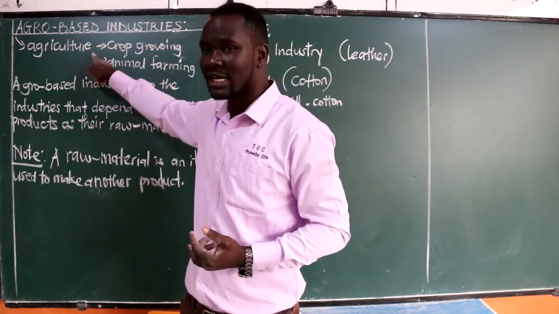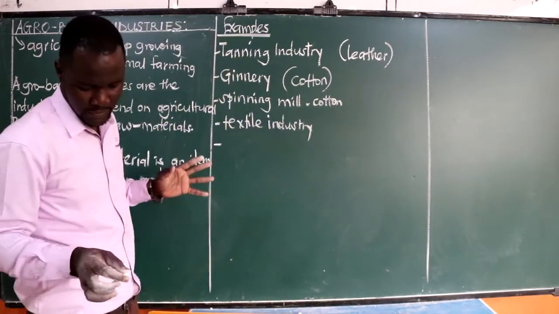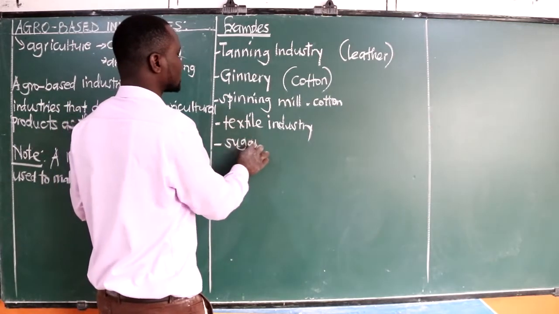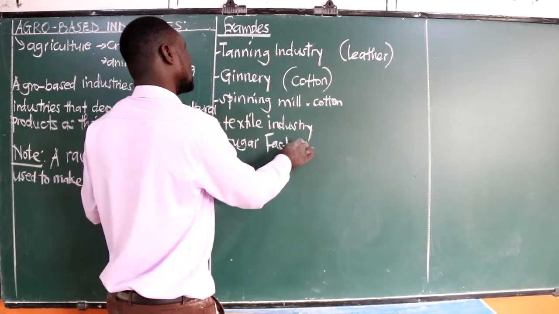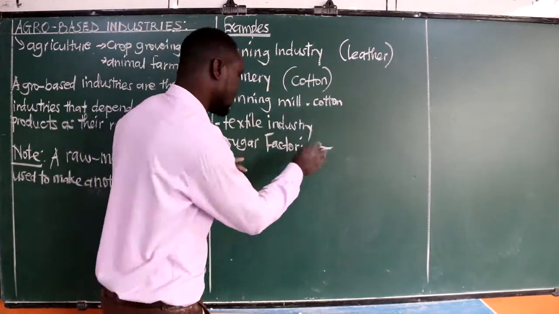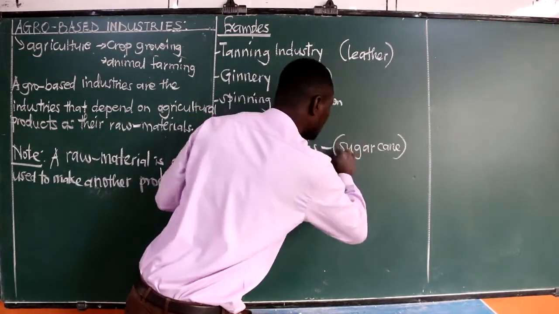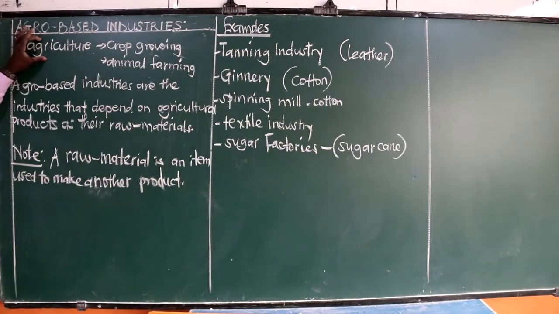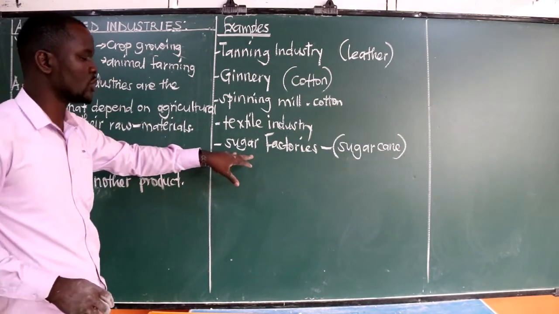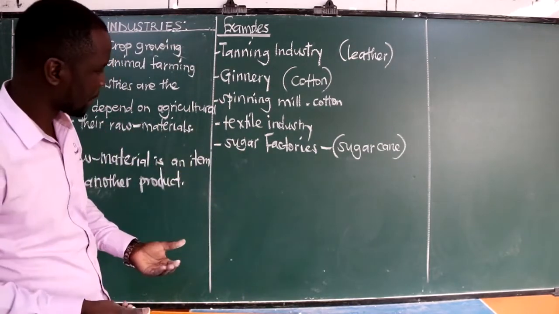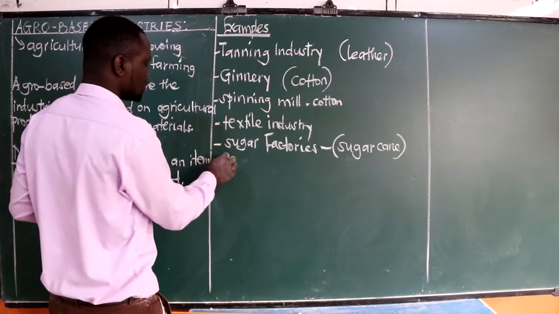So these sugar processing industries, or sugar factories, use sugar cane, which is a crop from the garden. That is under agriculture. So these sugar factories are also under agro-based.